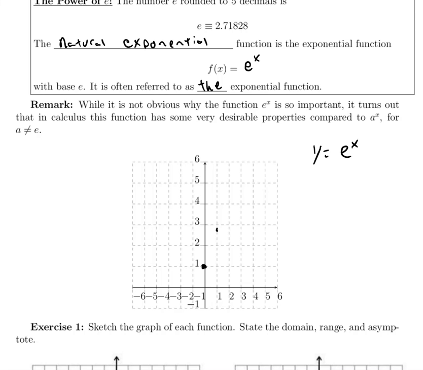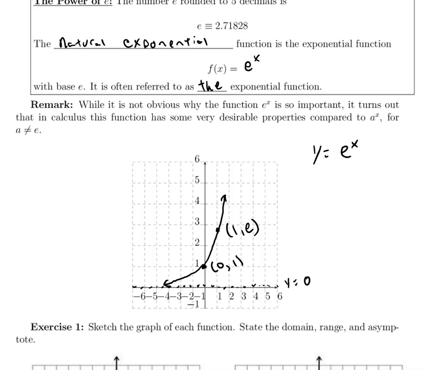So 1, e right here. So I know it looks just like my other exponential functions. And the real reason, like I said, we care about this is because of properties it's going to have when you get into calculus. So we got the point 1, e on our graph and 0, 1.